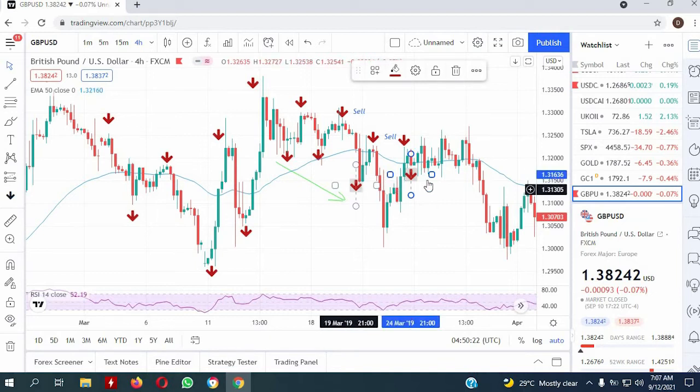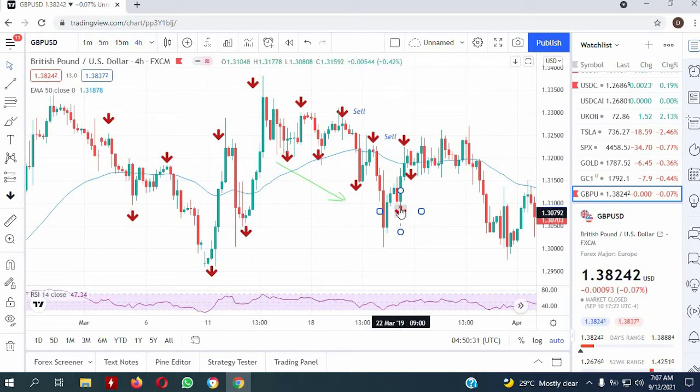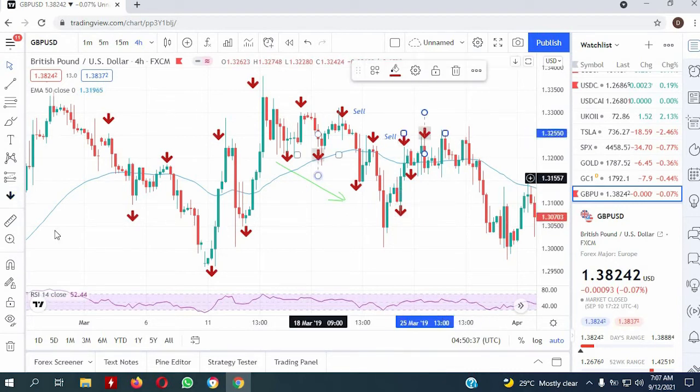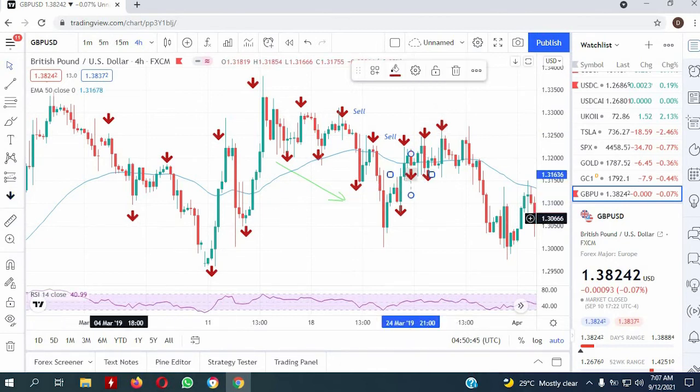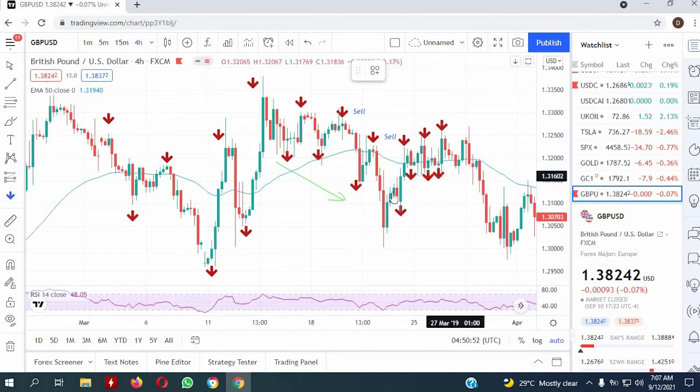So it is not creating any more lower lows or lower highs. It is trading flat, right? And it is creating some small higher highs, right? So we wait patiently. We're not in any rush, right?